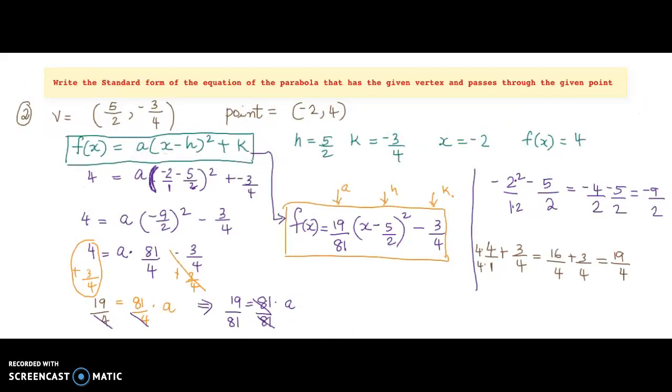So this is our h and this is our k, right? They did not give us a. So to solve for a, we had to use this point, x and f of x. We had to use these 2 values and plug them back into the equation and solve for a. Once we get a, we can plug it back into this equation and write it out.